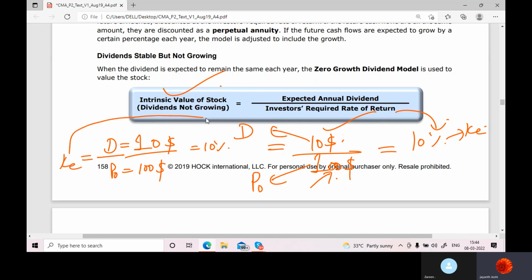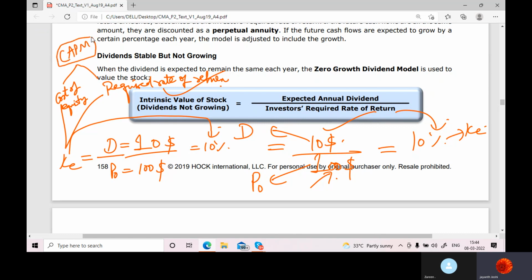We can give two names to this KE: cost of equity, as we have already discussed in our chapter, for the company, but for investors it is the required rate of return, which you find out with the help of the CAPM equation.